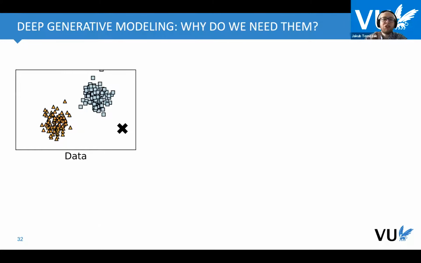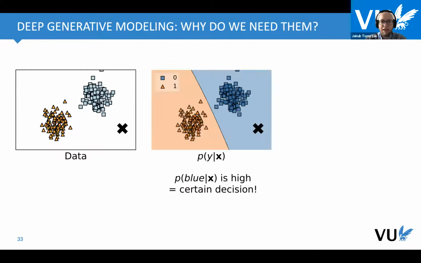Here is a simpler example. We have two clusters of data, and there is a new data point, the big bold X. Let's say that we train a model. I wrote a piece of code that implemented some naive Bayes or something like that, and it learns this decision boundary.